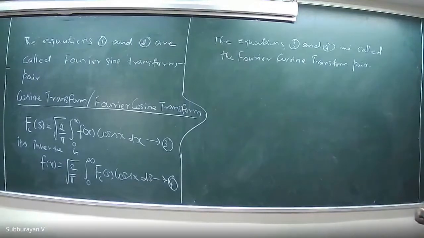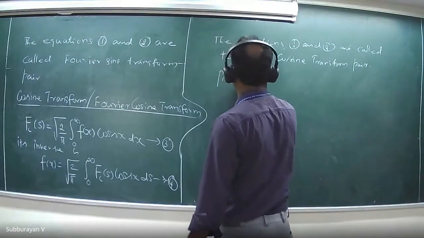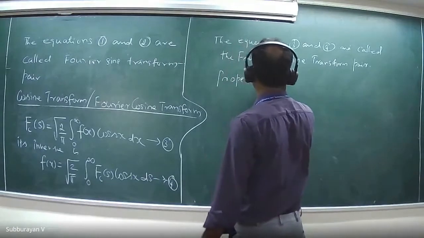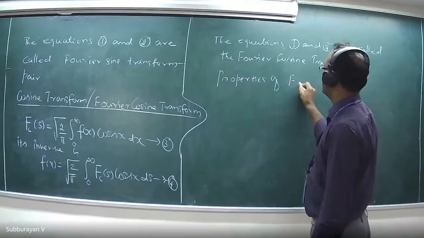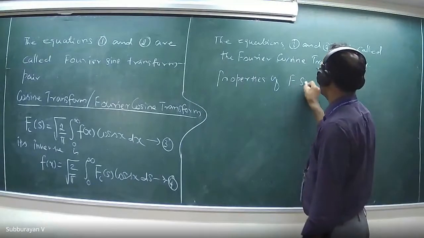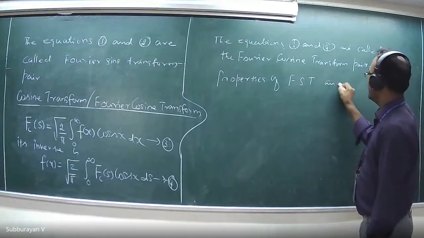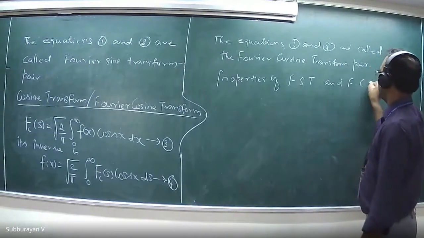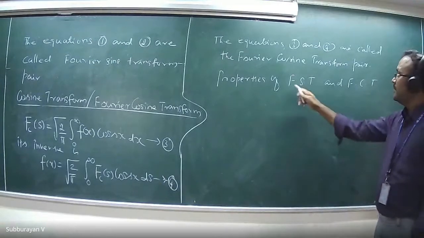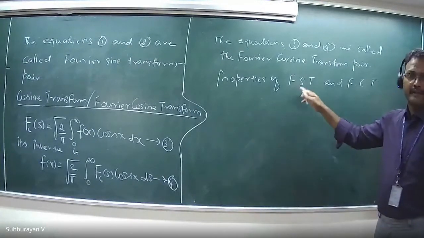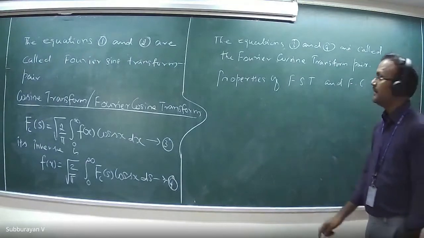Next, properties of Fourier sine transform and Fourier cosine transform. Properties of FST means Fourier sine transform, FCT means Fourier cosine transform.